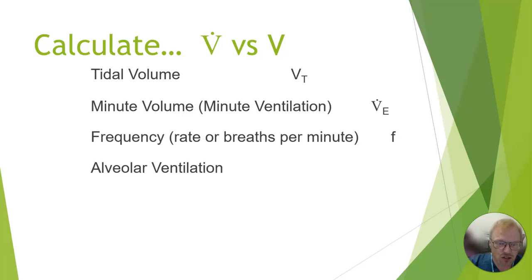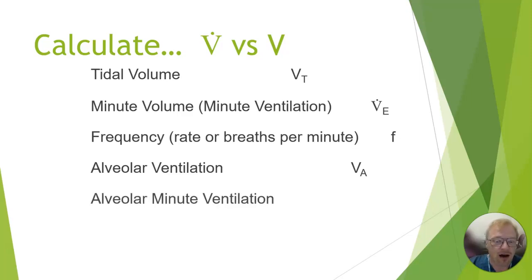Alveolar ventilation. How much air is actually getting to the alveoli in a single breath. So that is the V, no dot, with the subcapital A. Of course, alveolar minute ventilation will look almost the same, but it has the dot over the V, which means minute.